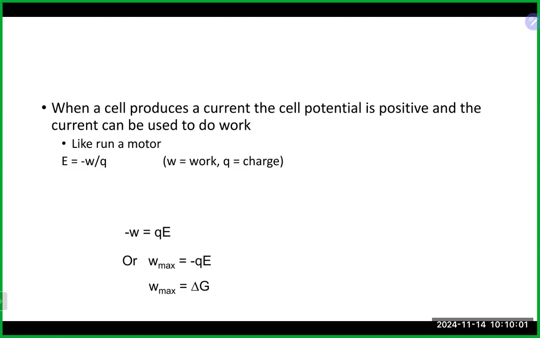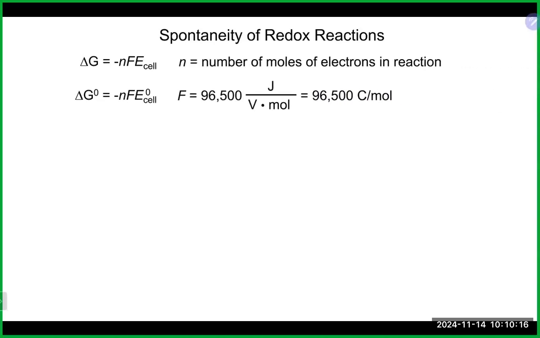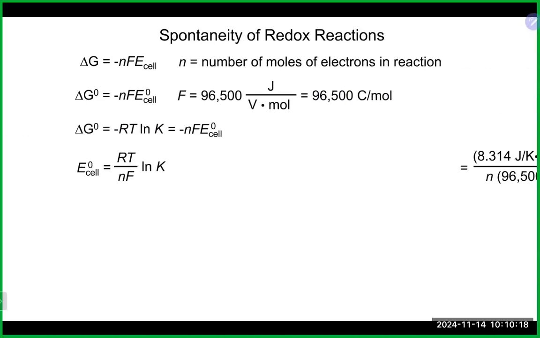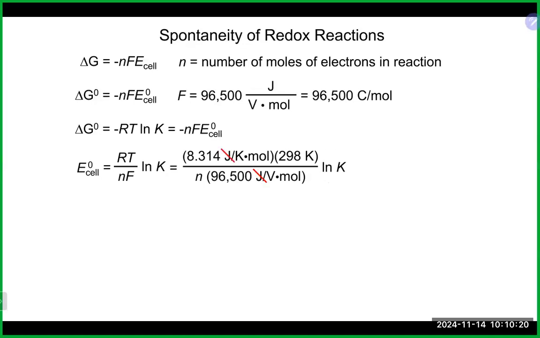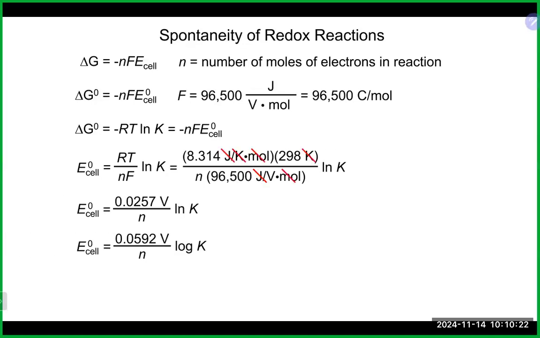In terms of our thermodynamics, the maximum amount of work will be equal to our delta G, which is our Gibbs free energy, the energy available to do some type of work. So we can relate our cell voltage to our thermodynamic equation through a couple of relationships. Let's talk about those here in a second.